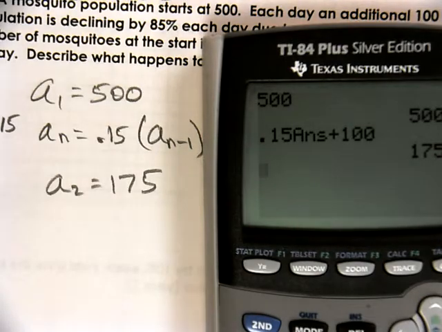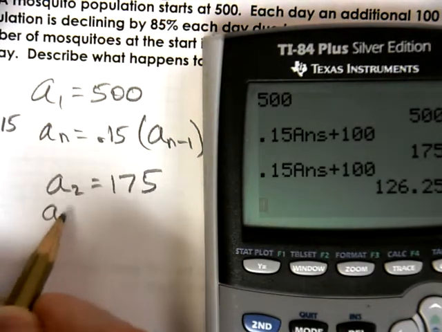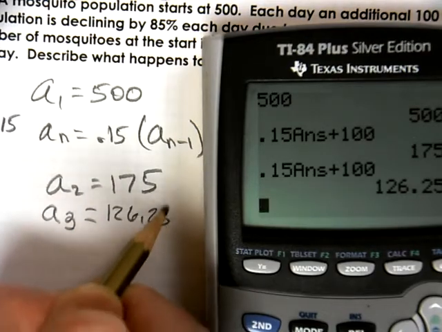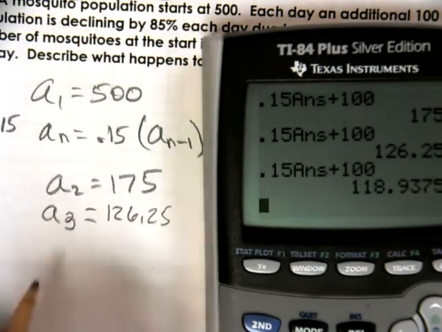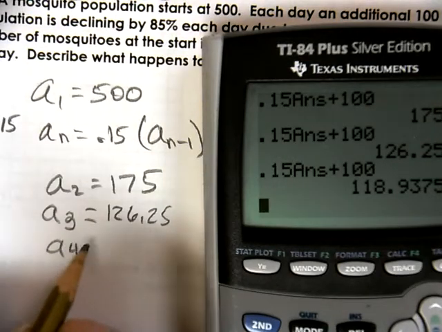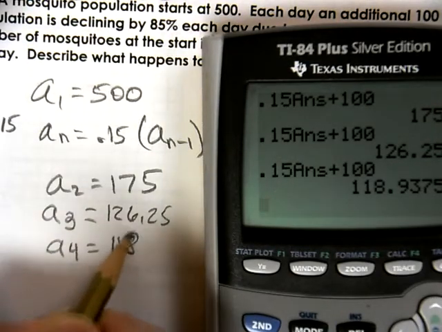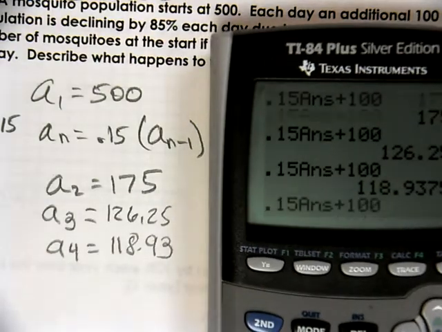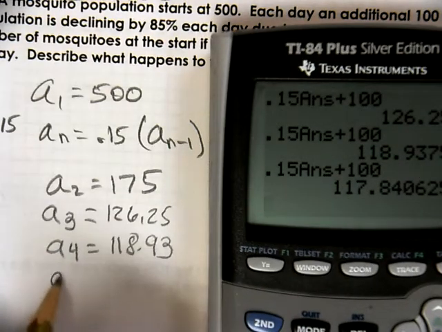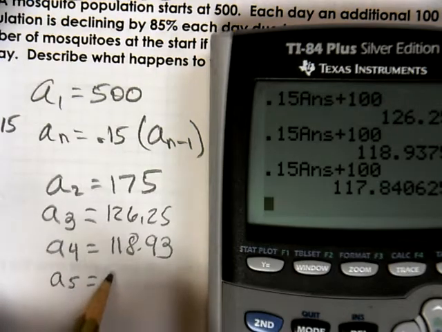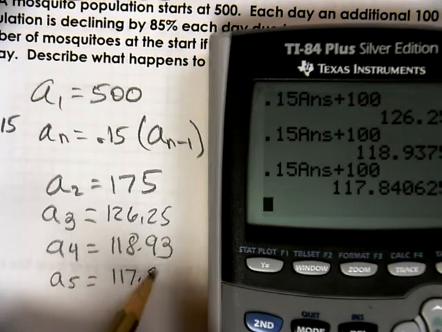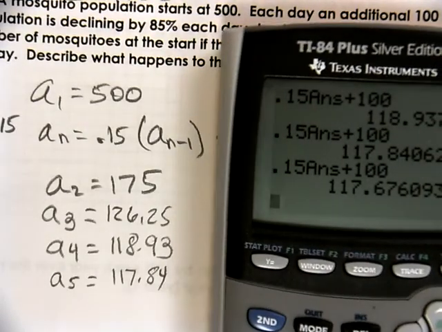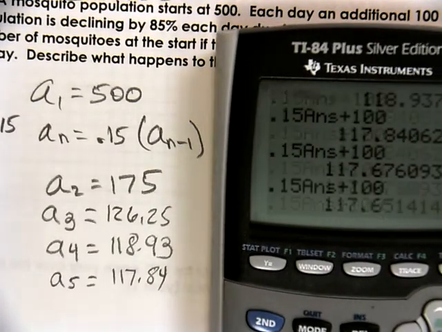That gives us 175. A of 3 gives us 126.25. A of 4 gives us 118.93. A of 5 gives us 117.84. So that's how many we have after the 5th day.